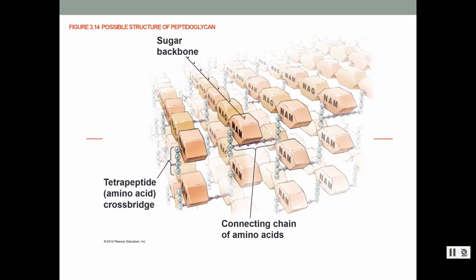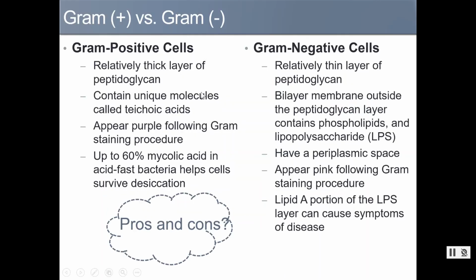Okay, so now we have this structure, the sugar backbone and the peptide crosslinks. Now let's go back to our summary slide. Gram-positive cells have that thick layer of peptidoglycan. They contain teichoic acids, both teichoic acid and lipoteichoic acid. They stain purple following a gram stain procedure.